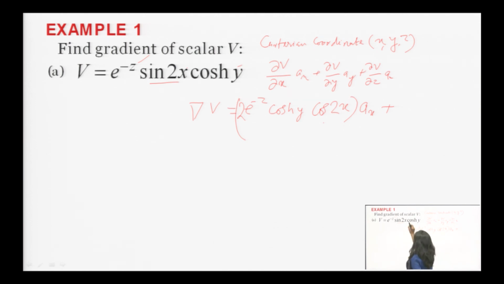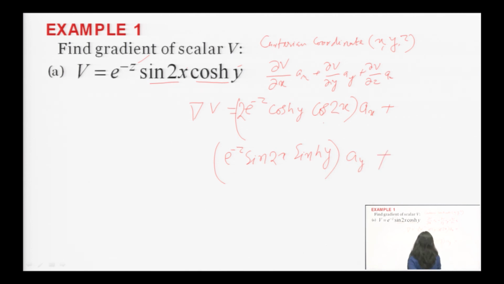Here this term has y, and other than this, the two terms act as constants. So this is e to the power minus z sin 2x. The differentiation of cosh y is sinh y, and this will be multiplied with ay.